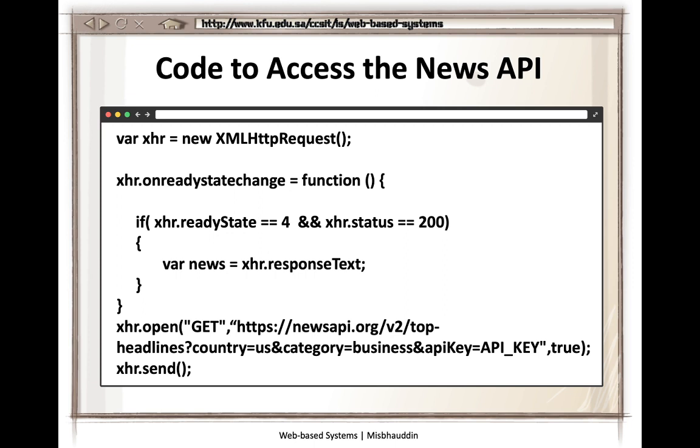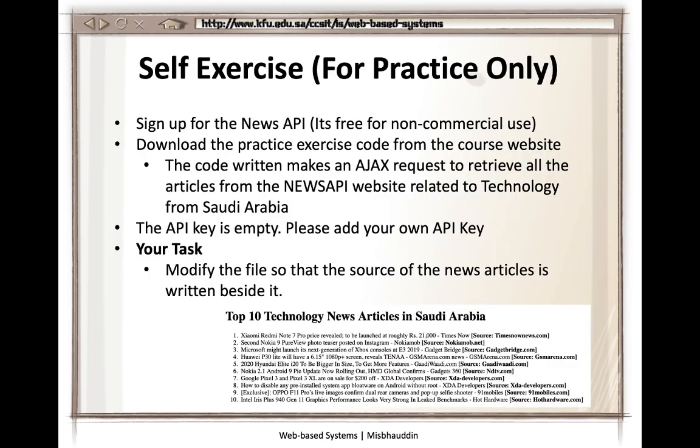In the example I showed you, we were receiving only one item. But here you may receive more than one item. So you have to understand that whatever you receive is an array of objects. It is not just a single value. You need to know how to handle that, which is why you need to understand the structure of the JSON file before you attempt to solve this exercise.